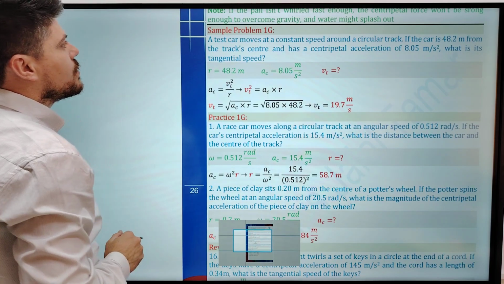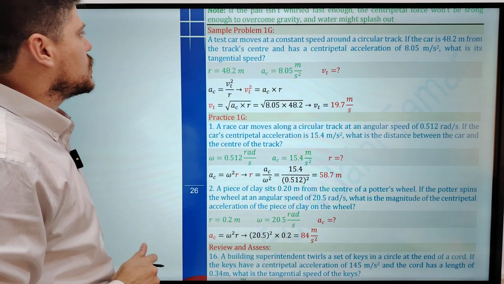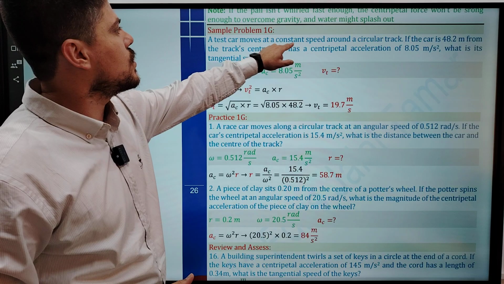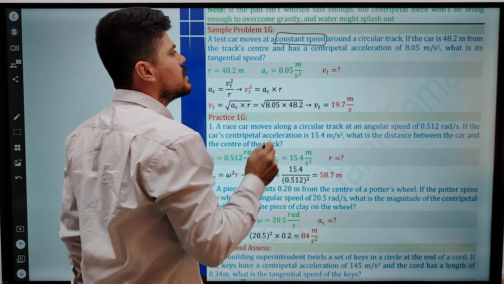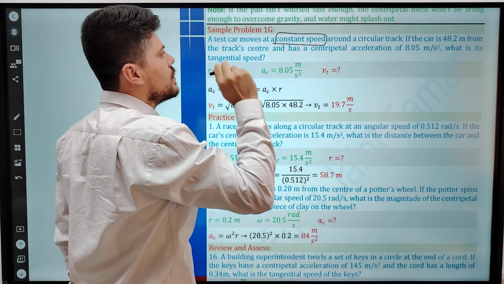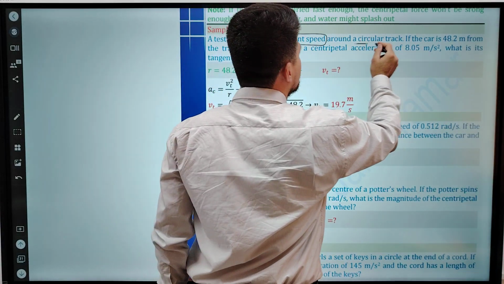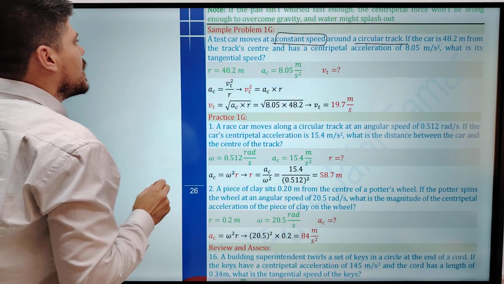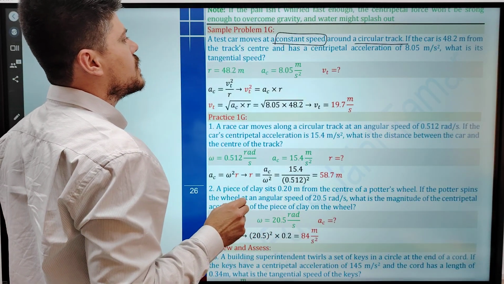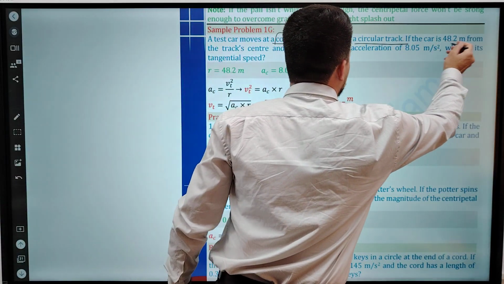Look at this sample problem 1G in section 2. A test car moves at constant speed, which means this car has only centripetal acceleration if it is moving in a circular path, around what? Circular track. If the car is 42 meters from the track's center and has a centripetal acceleration, what is this 42 meters?